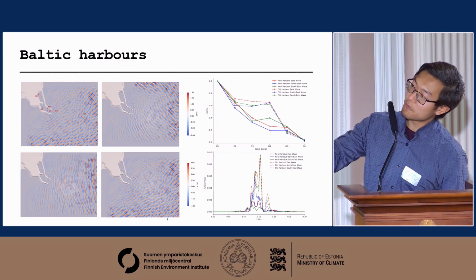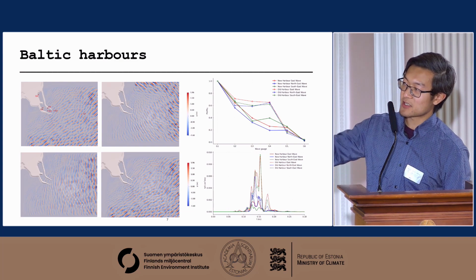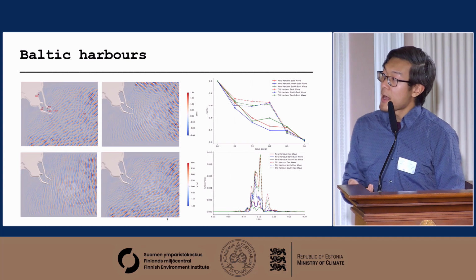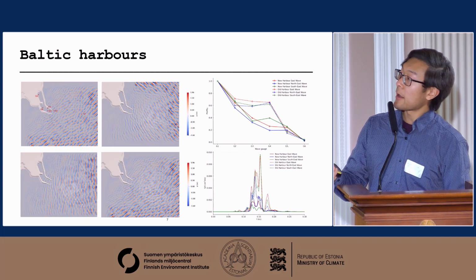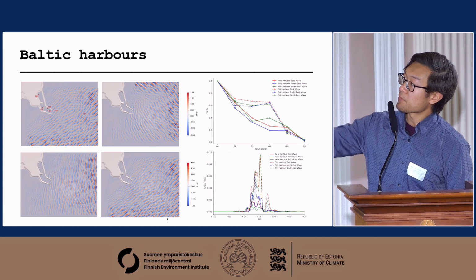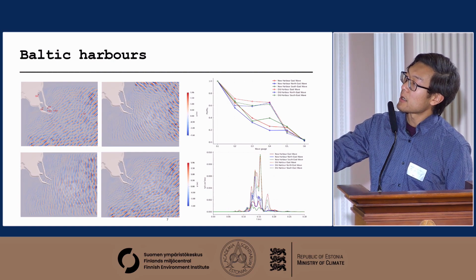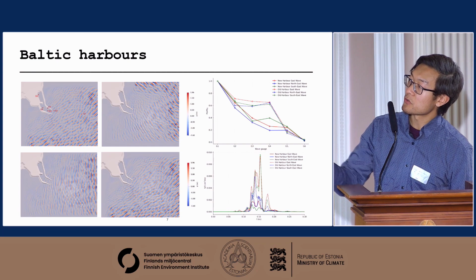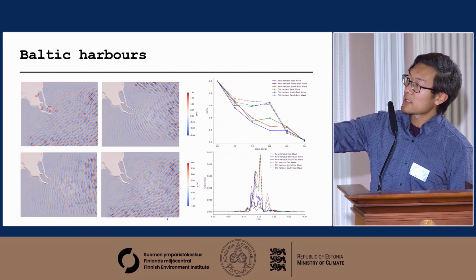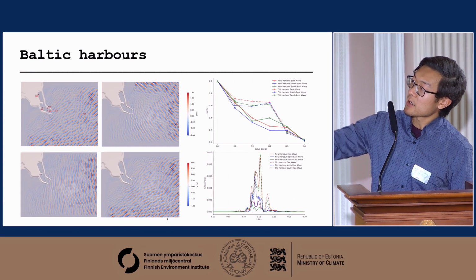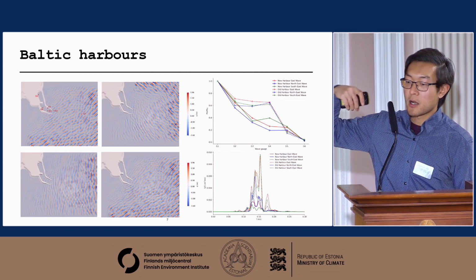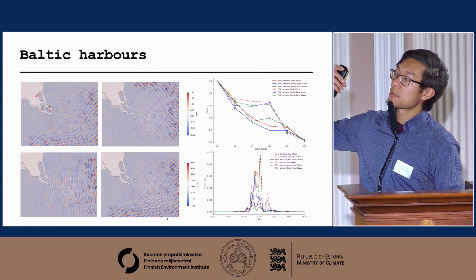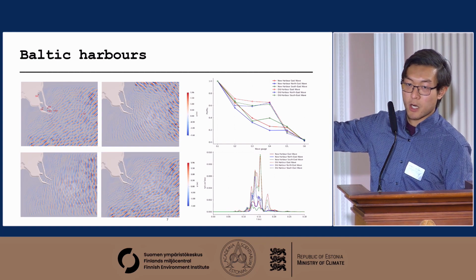Oh, so all of those are with the new harbor layout, and the previous slide is the old harbor layout. And then we can look at the wave height changes at all wave gauges, 1 to 6, from offshore to inner harbor. And all the dashed lines in the right-hand side upper image are from the old harbor layout. All the solid lines are from the new harbor layout.